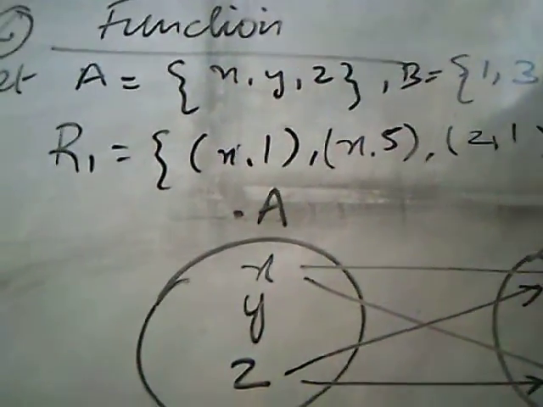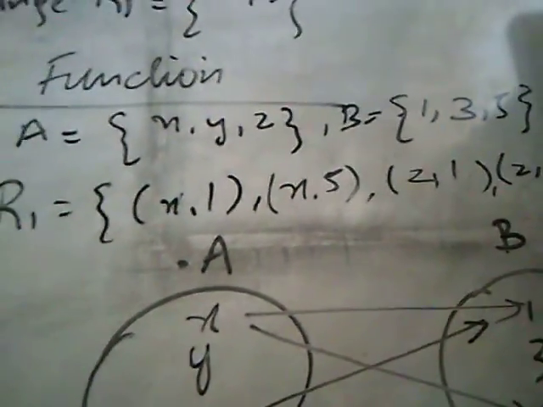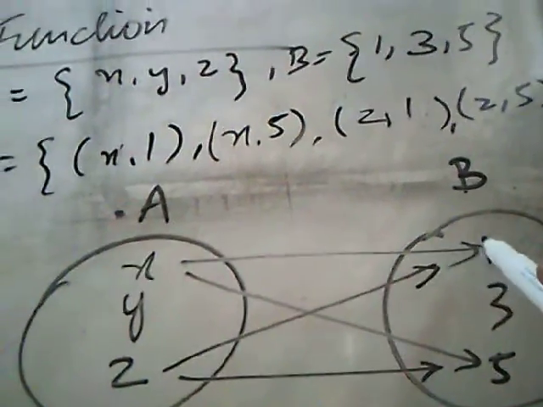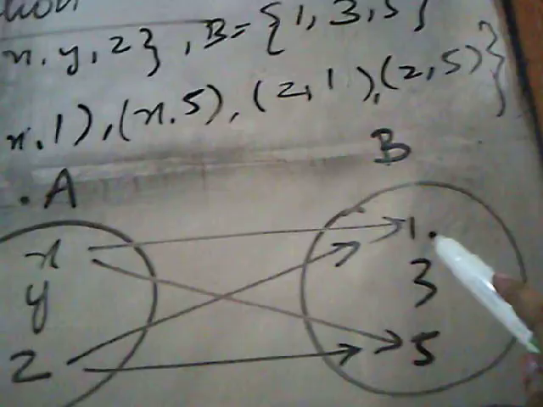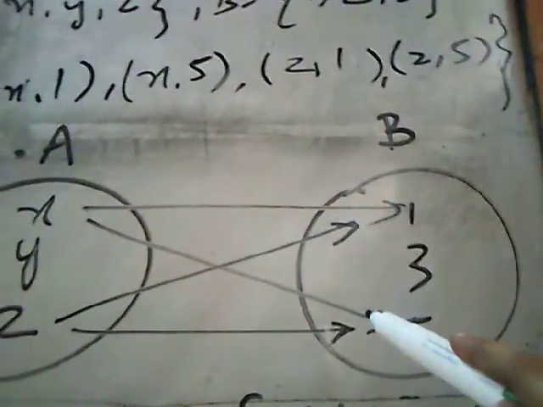So R1 says you have to pair x with 1 and then the same x with 5. The same is done in this figure: x is mapped with 1 and x is also mapped with 5. Another ordered pair is z, which is mapped with 1 and also mapped with 5.